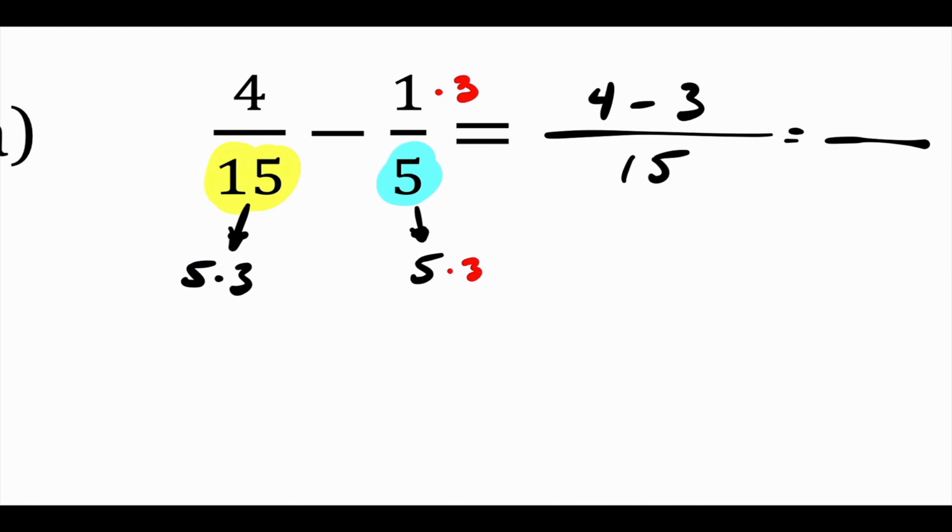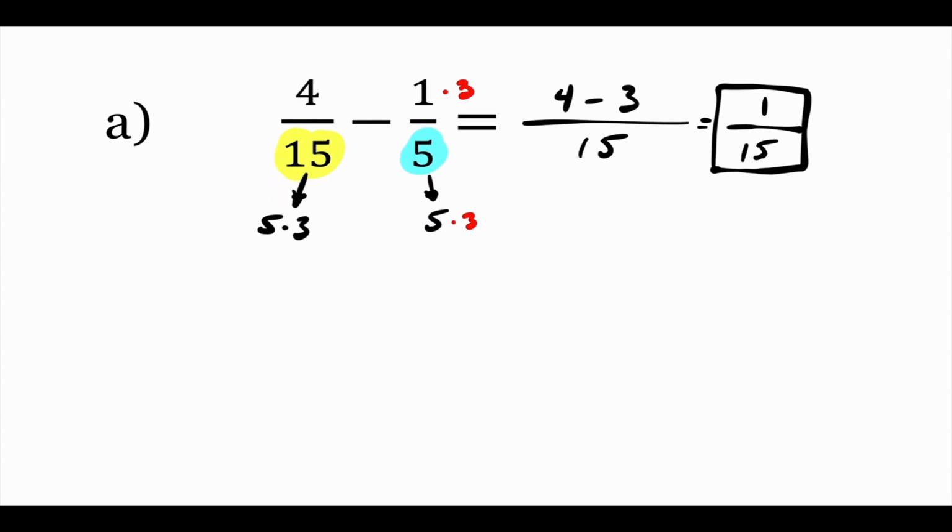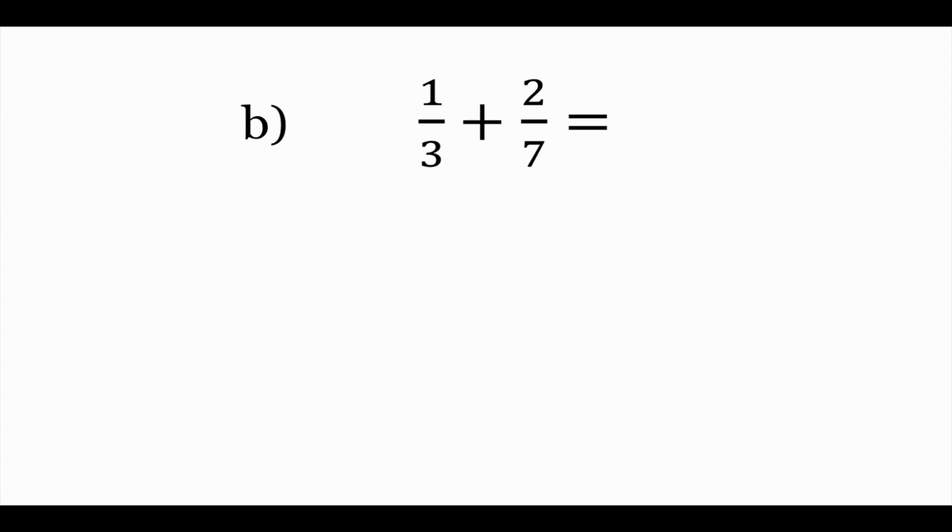Add or subtract now. 4 minus 3 is 1 over 15. Reduce if you can. I can't reduce that. 1 over 15 is reduced. You're done. Okay? That's a subtraction problem. You guys already know how to do that problem. That problem is not new. Let's do another one that you know how to do.